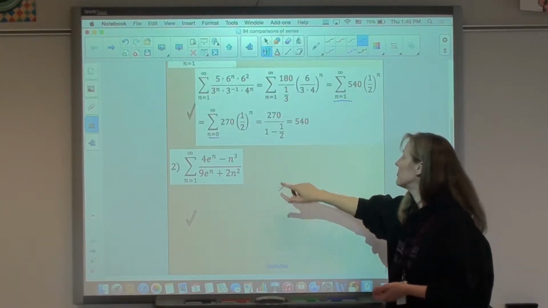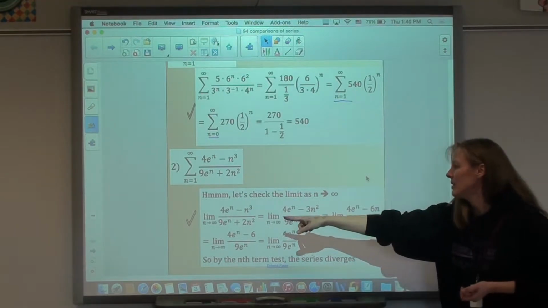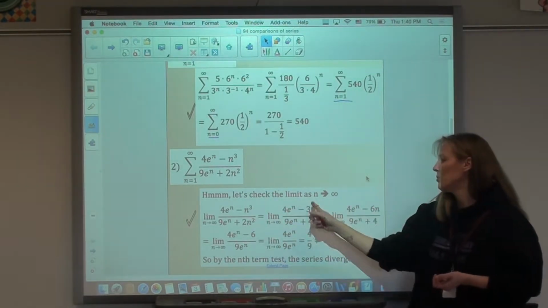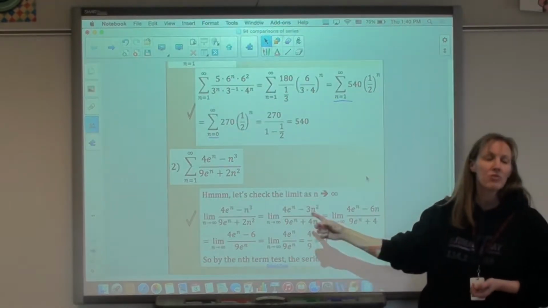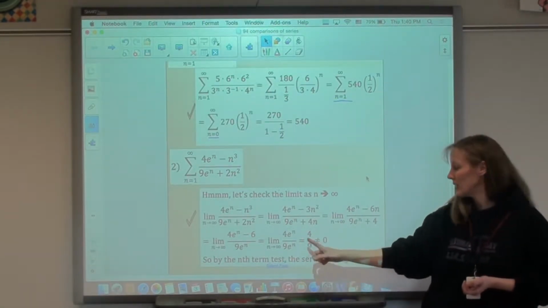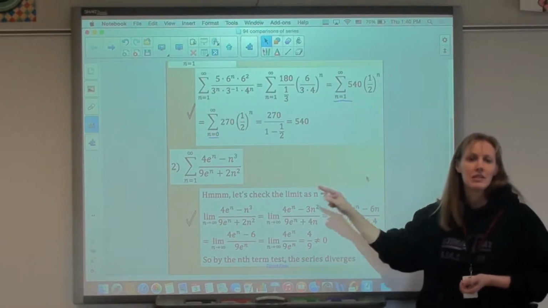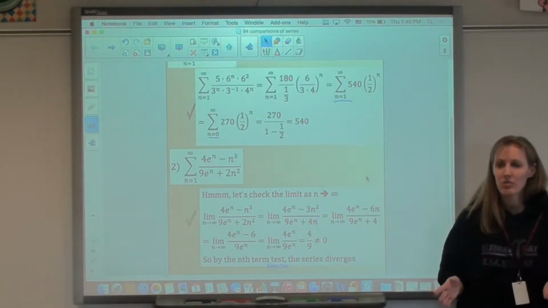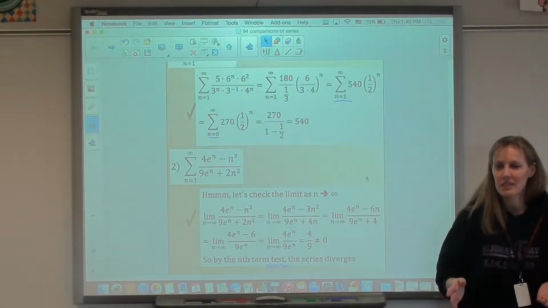So for this one, if you take the limit as n approaches infinity, you L'Hopital and L'Hopital and L'Hopital and L'Hopital and L'Hopital. But once you've L'Hopital'd 5 times, you get a limit of 4/9. And as long as the limit is not 0, the series diverges. It doesn't have to go to infinity. It just has to not be 0.